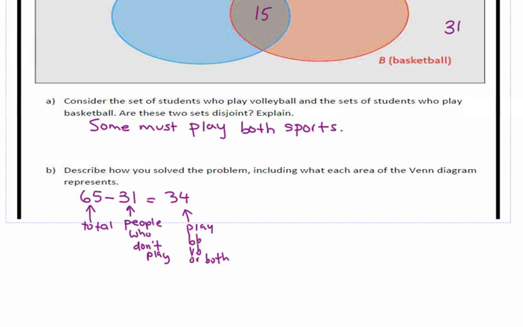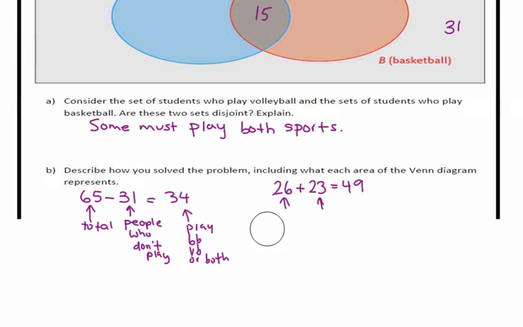Then we took 26 plus the other number, 23, which gave you 49. 23 is volleyball, so volleyball plus basketball equals 49.